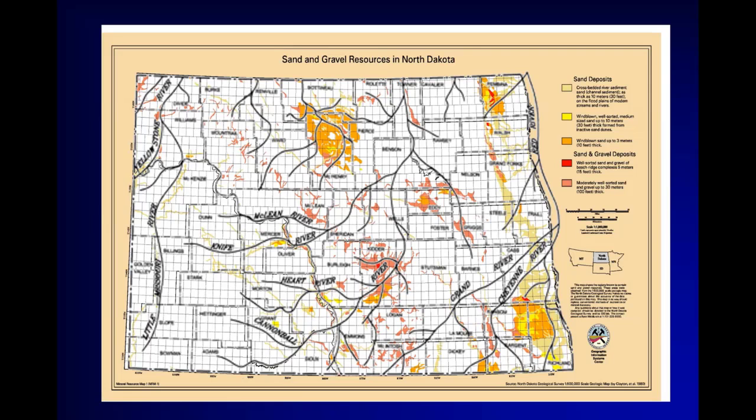So this is an interesting map. I pulled it up a number of years ago in one of the state resource documents through the GIS Center. This is the sand and gravel resources in North Dakota. I think this is from 1960 or something.